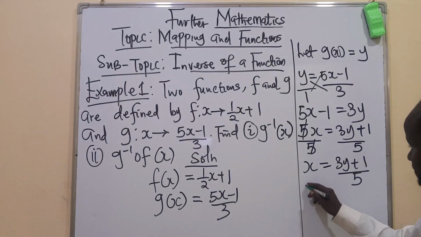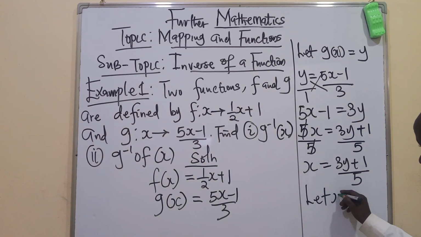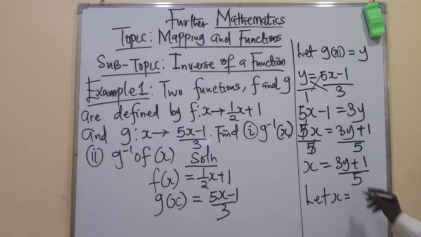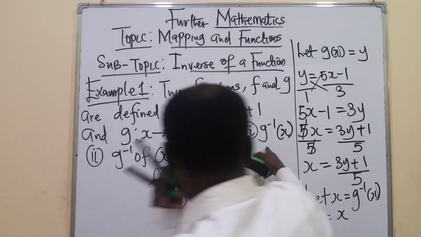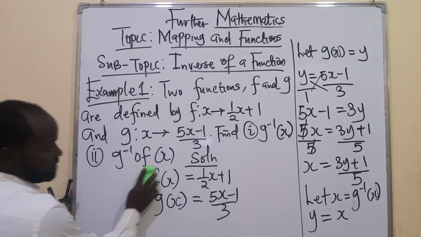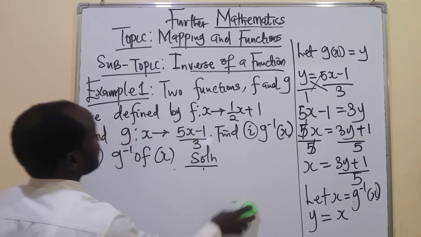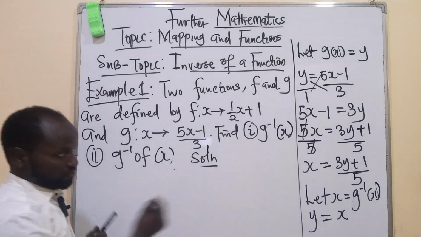At this point, we have to let x be equal to g inverse of x, and y equal to x, to find the inverse of g of x now. Okay, let's do the substitution.